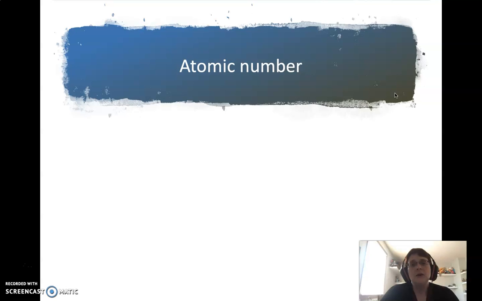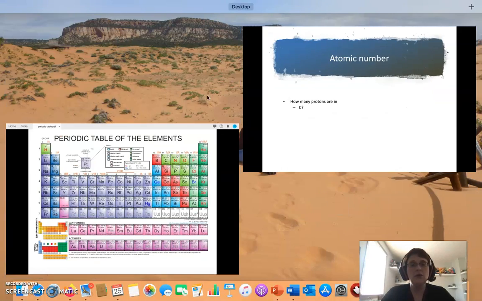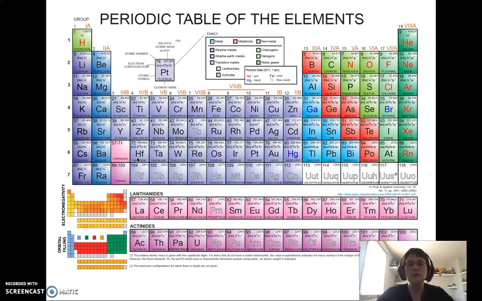All right, so atomic numbers. Let's take a look at what we can know from this. How many protons are in carbon? Where do we find that information? Well, if we turn over to your periodic table, this is why I recommended that you get your periodic table out.